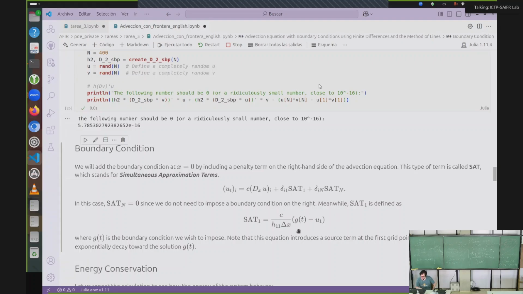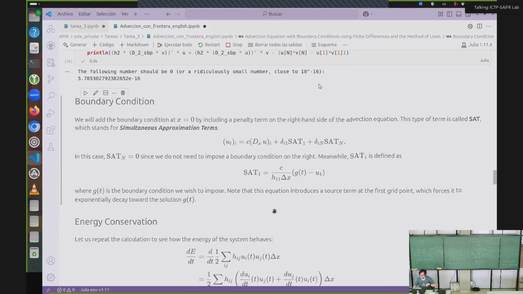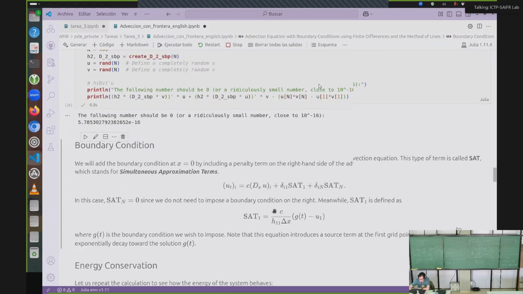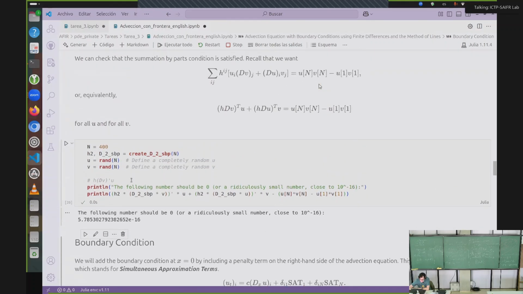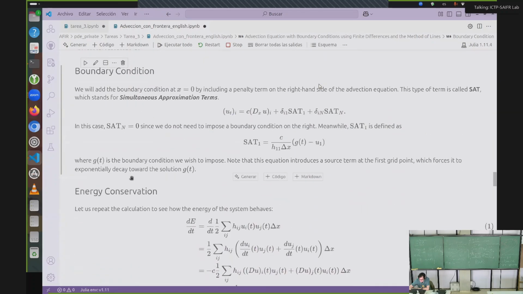And this is the term that we want to use on the left, right? So notice that we need the propagation speed, the delta x, and the value of h11, which is the first element of the inner product matrix, right?